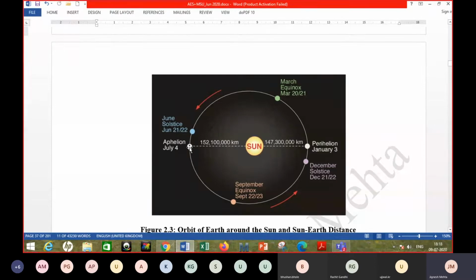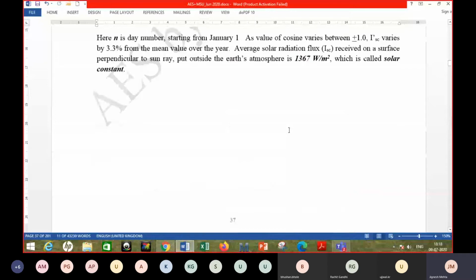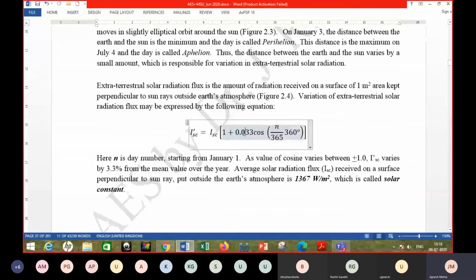On July 4 you can expect the minimum, and on January 3, you can expect maximum solar irradiance, on a surface which you keep outside Earth's atmosphere perpendicular to the sun ray. So that will give you the maximum value. How much would it be equal to? It would be given by this equation.